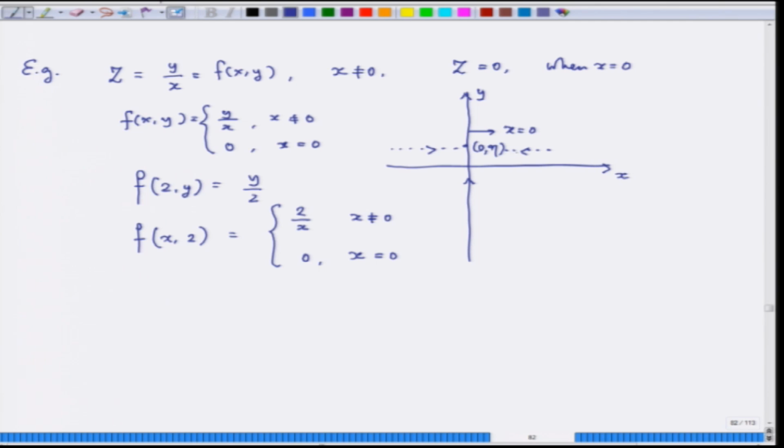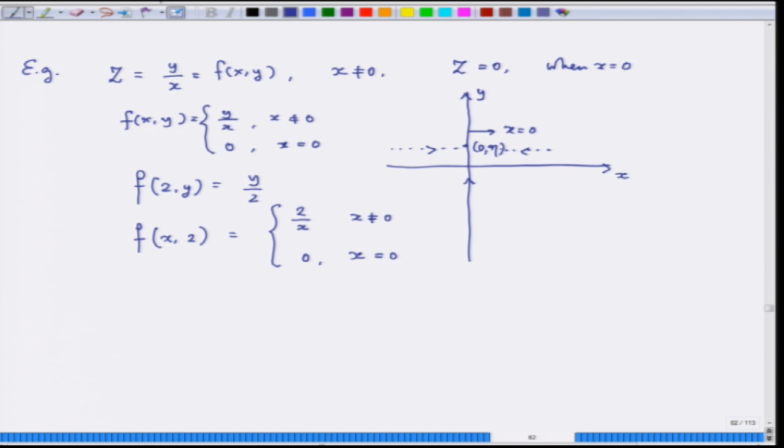If I approach on this direction I have x equal to 0, so the f values are only 0 on this line. But when I am approaching (0, eta) from the other direction the limit would finally be positive. It would actually blow up, because you are bringing x towards 0 and you are bringing y towards eta. So, this limit would actually blow up.